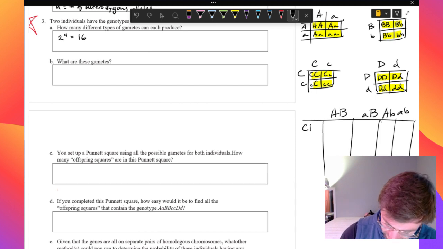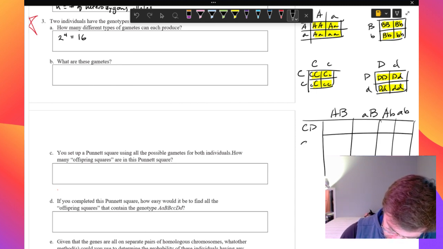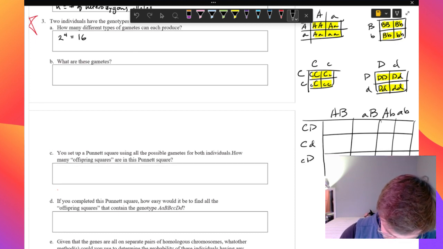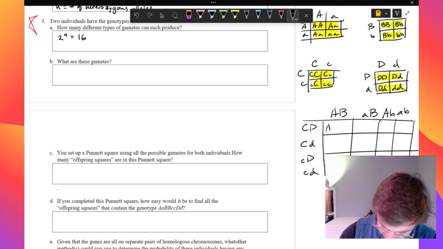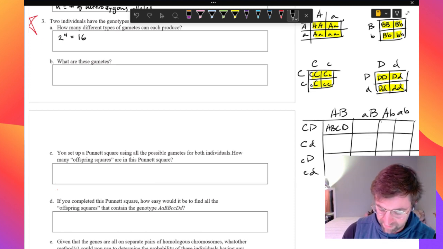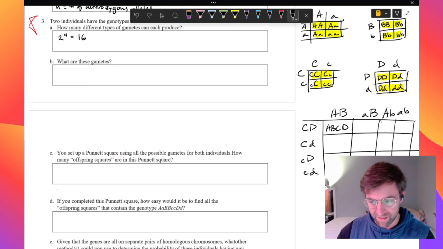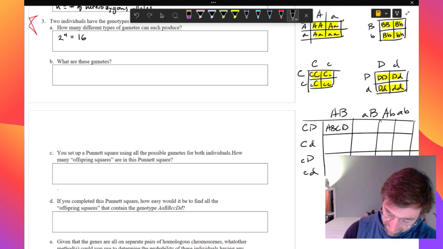And your CDs with your CDs with your CDs and your CDs, right? And on it goes. So these are all of your possible combinations.